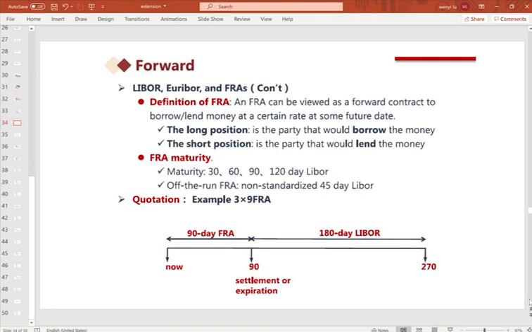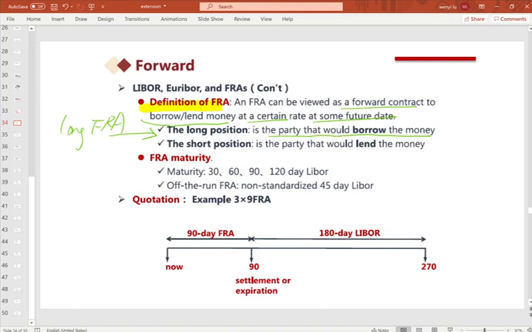So let's take a look. What's the FRA's definition? FRA can be viewed as a forward contract. In this contract, you borrow and lend money at a certain rate on a future date. If you long a forward rate agreement, that means you will borrow money, you will borrow loans with a fixed rate in the future.